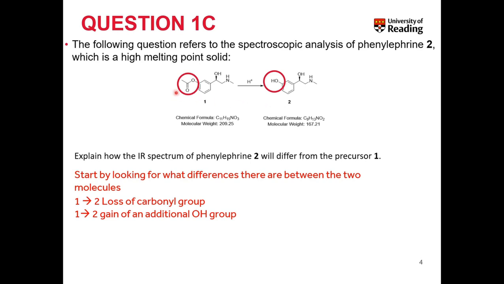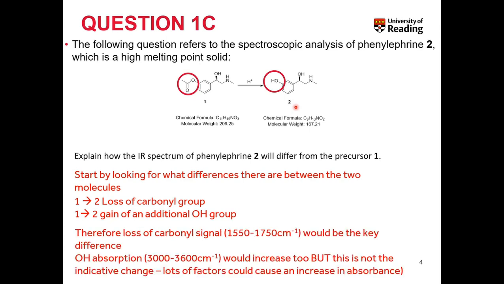Now, in these molecules, if we have a look at where the differences are, they lie on the left-hand side. So when going from compound 1 to compound 2, we lose this carbon double-bonded oxygen, so this carbonyl group, and we gain an OH group. So when we go from 1 to 2, we lose a carbonyl group and we gain an additional OH or alcohol group.